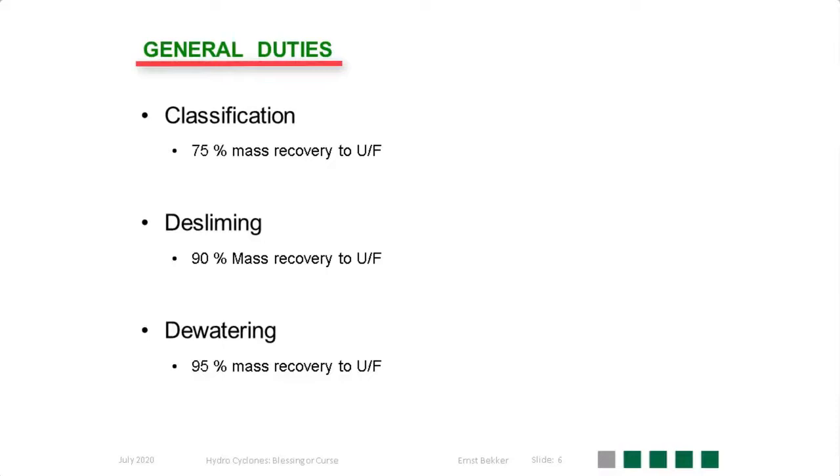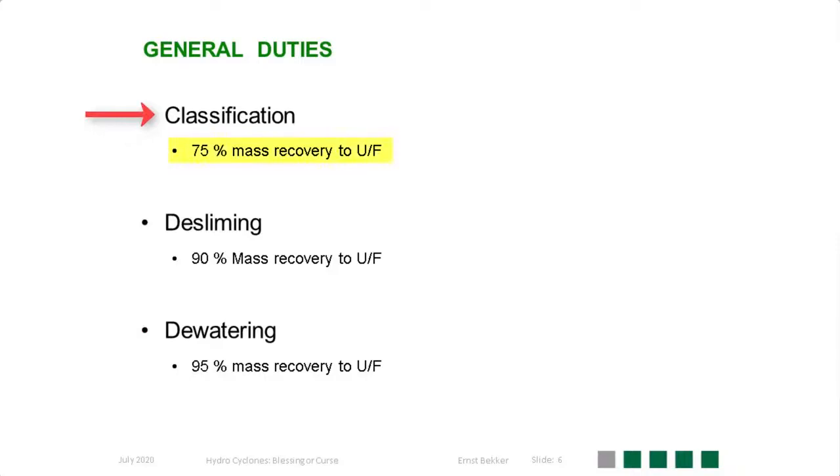So one may think that the hydrocyclone is operating correctly, but unknowingly you are losing money. And further down this presentation, I'll show you some basic factors that we can keep in consideration to improve the hydrocyclone performance. The general duties of a hydrocyclone are mainly classification, desliming and dewatering.